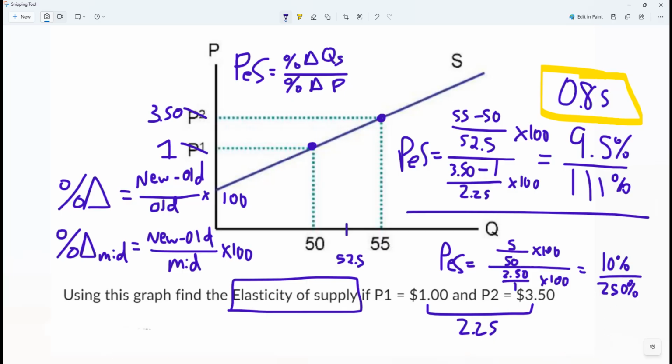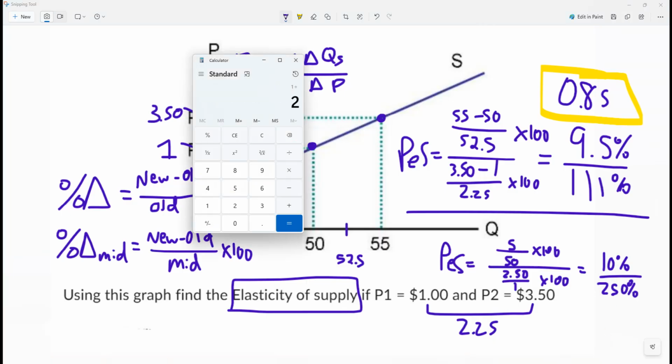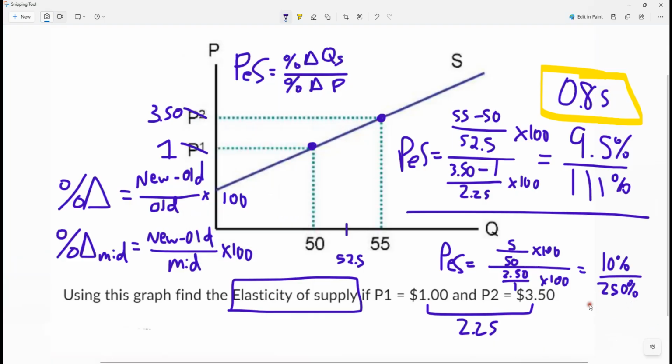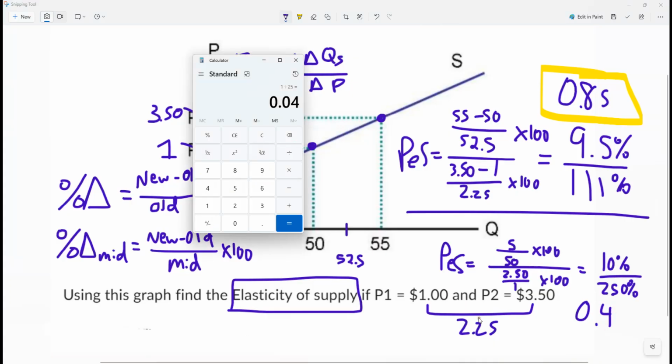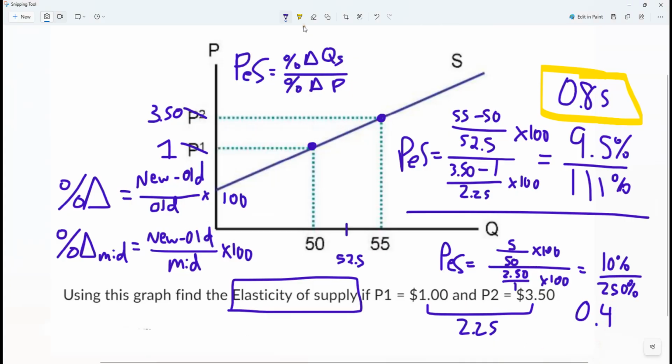And so it's 1 over 25, which is 1/25, and it would be 0.4. And that is the price elasticity of supply if we don't use the midpoint method. So either way, we got an inelastic number. It doesn't really matter which one you use, and that's how to calculate price elasticity of supply.